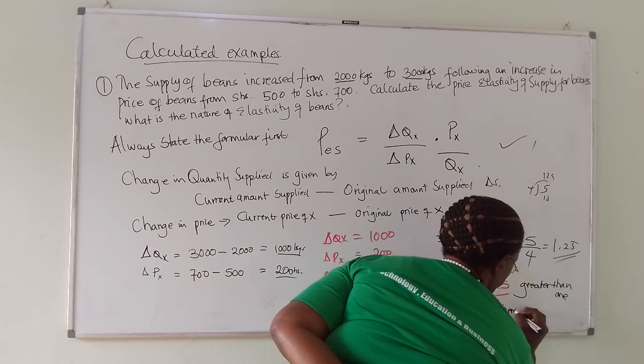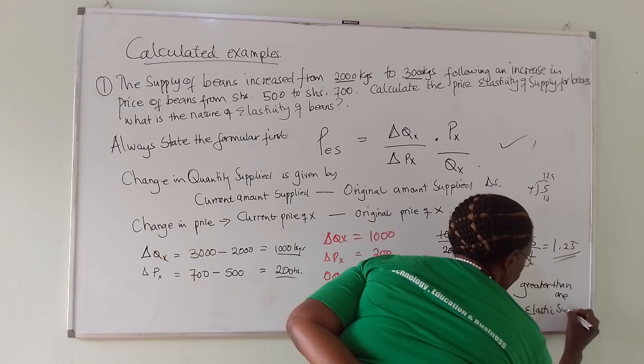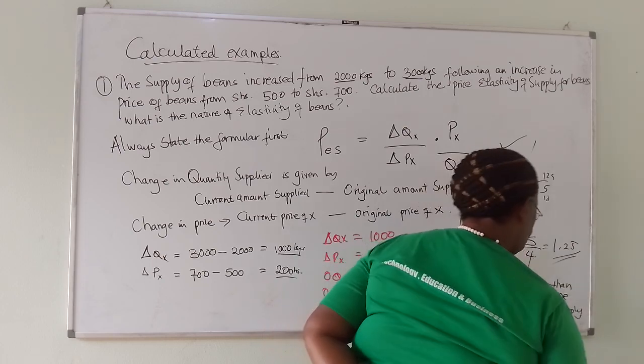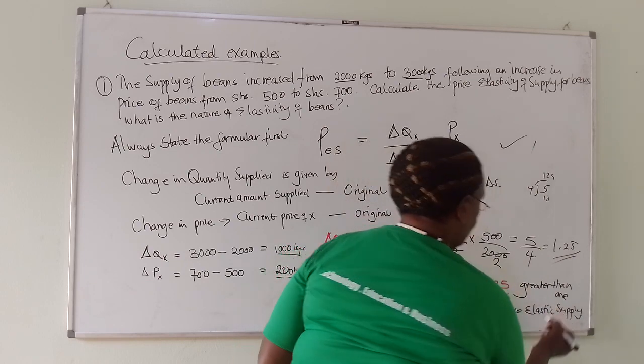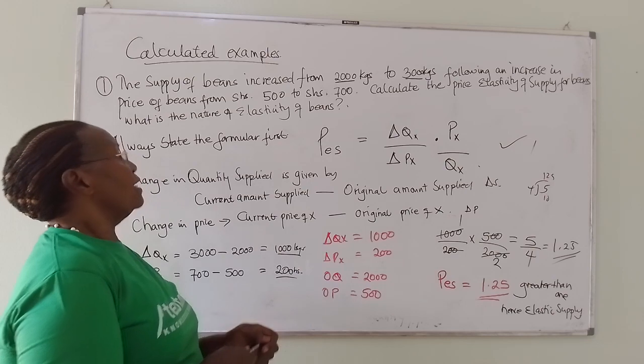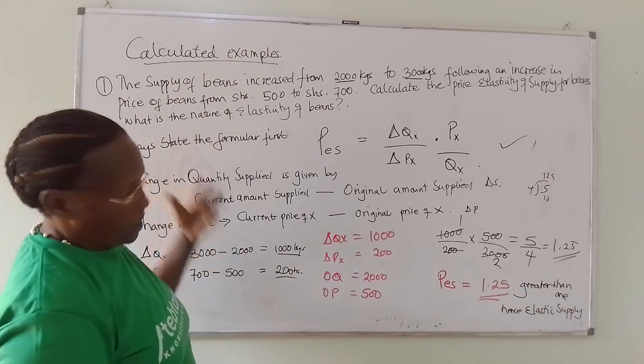Hence, elastic supply. So whenever your calculated answer is greater than 1, the interpretation is that the supply of that commodity is elastic. So this is just one example which you can have.